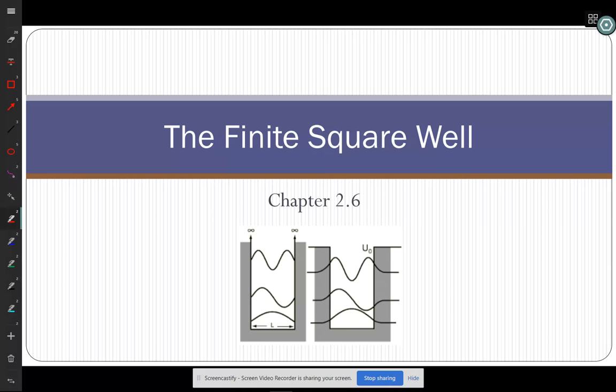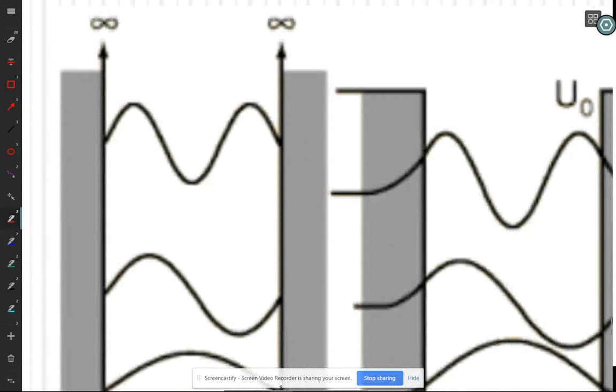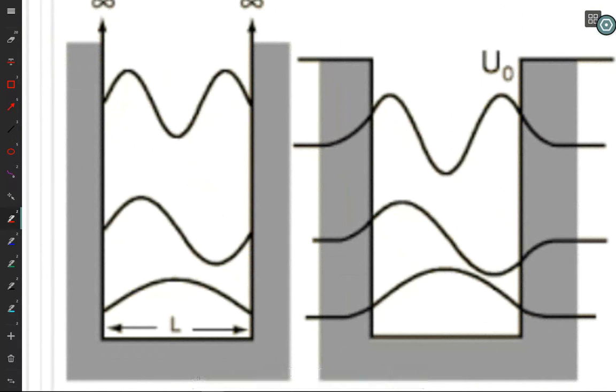So if you look at my presentation here, it's only 4 pages, with all of the work on the other one. So here's a picture to compare the infinite well and the finite well. You see the pictures here. It's pretty clear what the difference is.